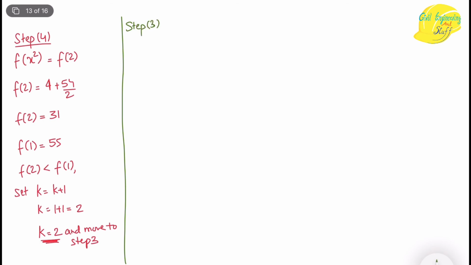If possible, pause the video and repeat this iteration yourself, and see if you are doing it right or wrong. Okay, so we are moving to step 3.